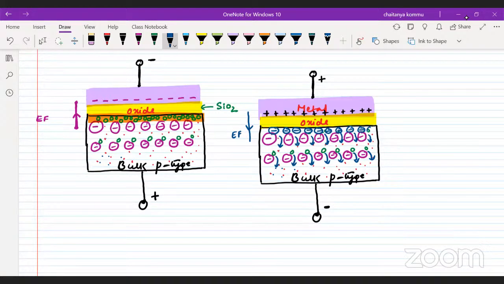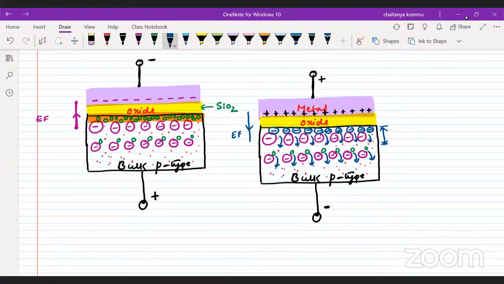Now, it cannot move actually. I'm saying that it's not movable. Ions cannot move, right? Unless you apply some very large potential. But just below the oxide, without having carriers, there is only charge available under the oxide.